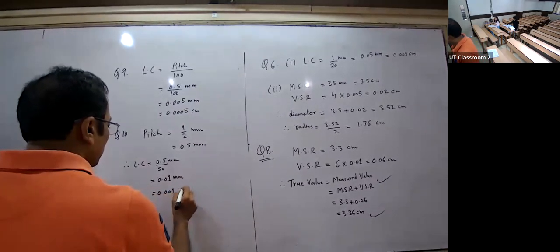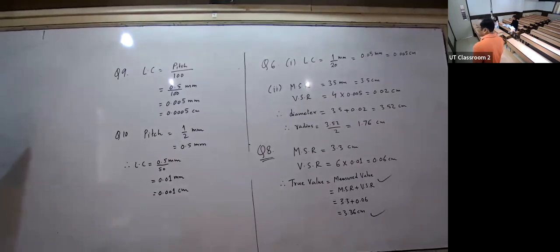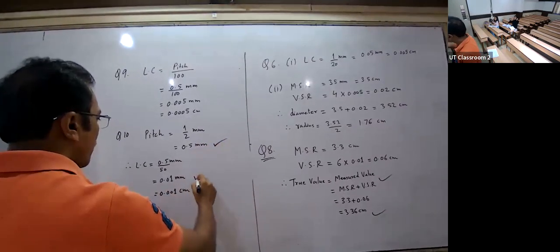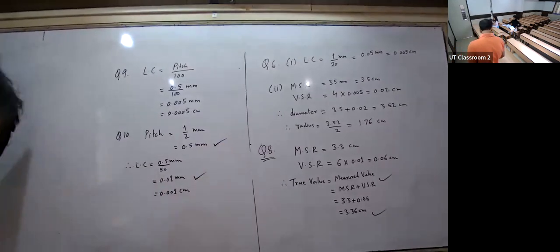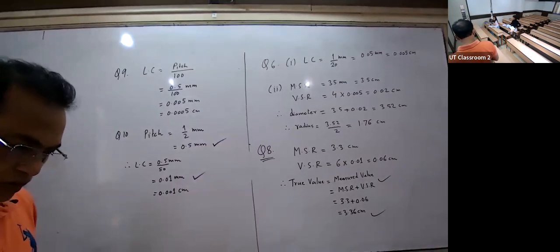Okay, write both, millimeter as well as centimeter. So pitch is this. What is the least count of the screw gauge? So both we calculate. You understood how to calculate pitch?